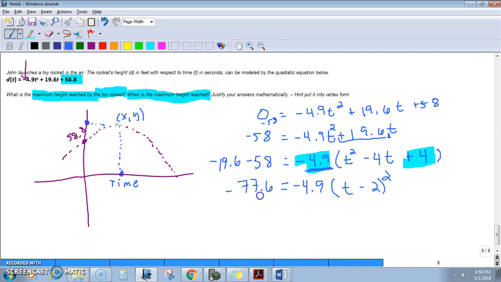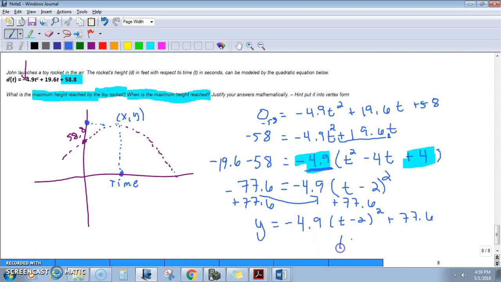I want to put this negative 77.6 back on the other side, so I'll add 77.6 to both sides. Okay? And now this side is 0, which we're just going to call y, right? y is equal to negative 4.9 parenthesis t minus 2 squared plus 77.6. So my vertex is 2, comma, 77.6.